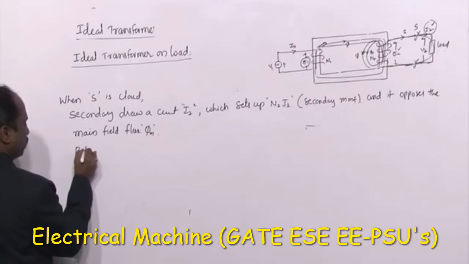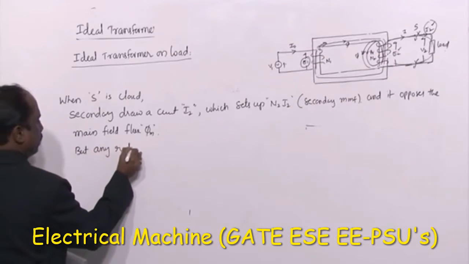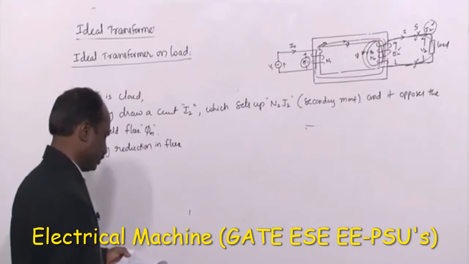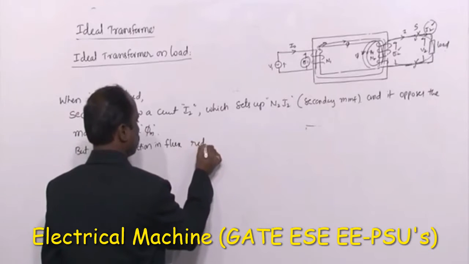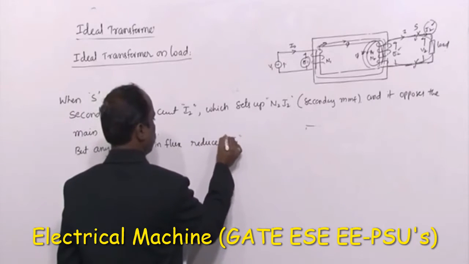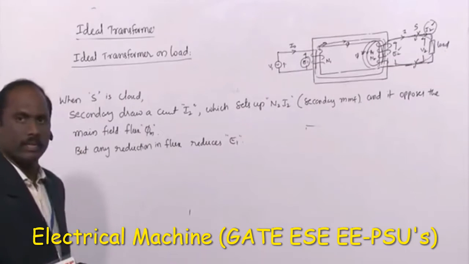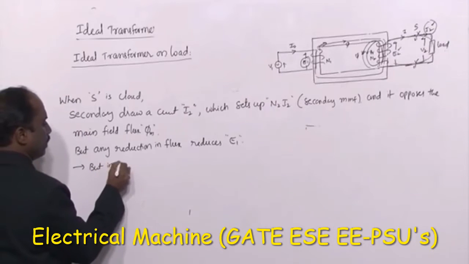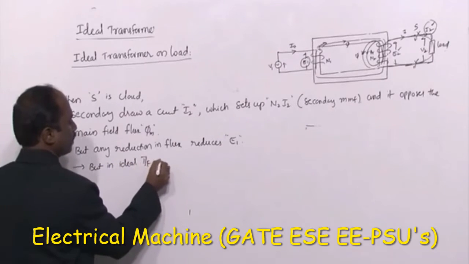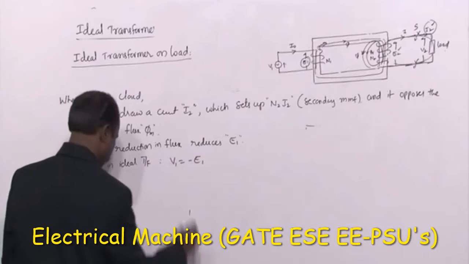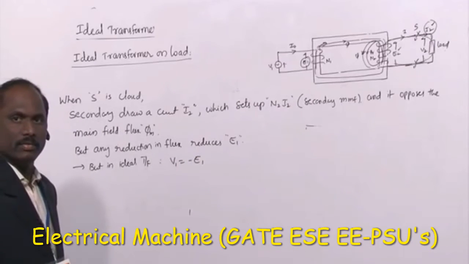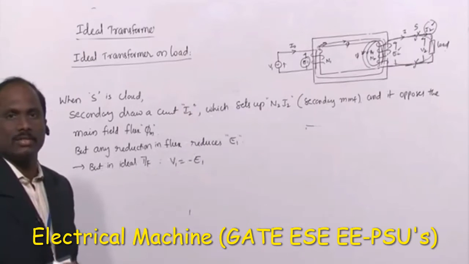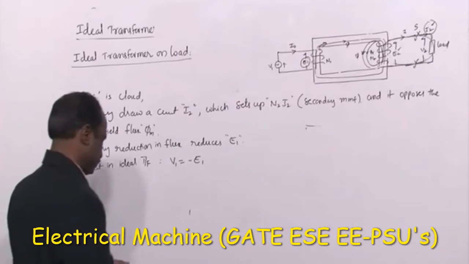But any reduction in flux reduces E1. But in an ideal transformer, what is the condition? V1 must be equal to minus E1. To retain the same E1, because E1 is reducing as the resultant flux is decreased, the primary will now draw more current.